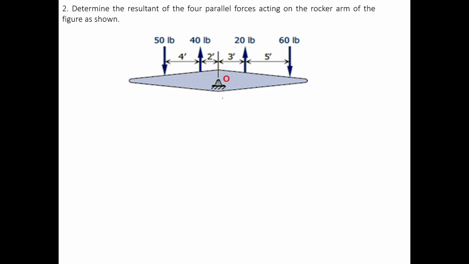So for number 2, we have the same system, a parallel force system. And this time our point is at the middle, point O. Not totally at the middle, because the distance on the left is 6 and the distance on the right is 8.